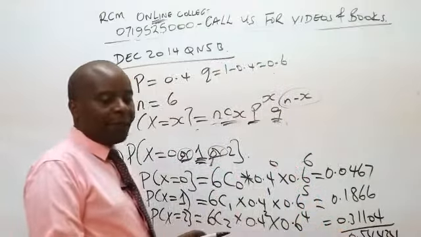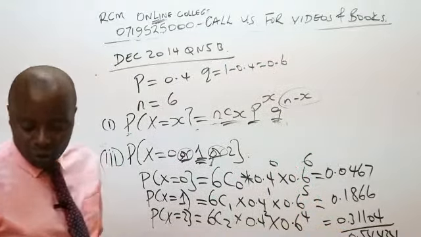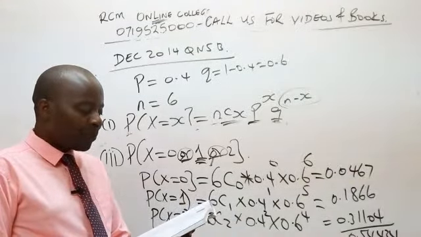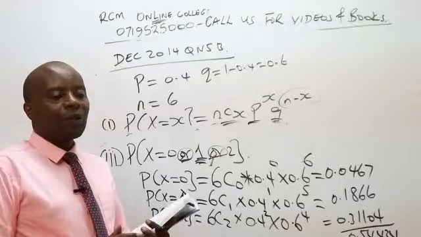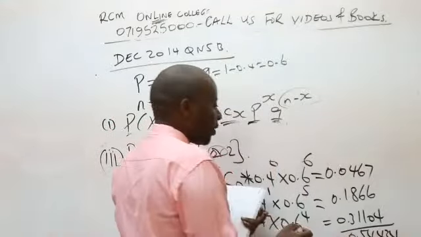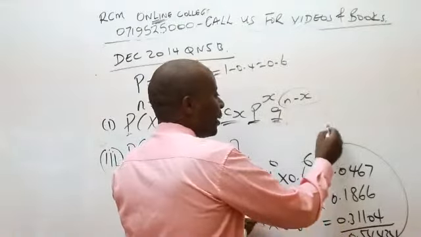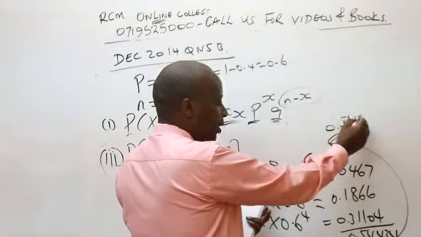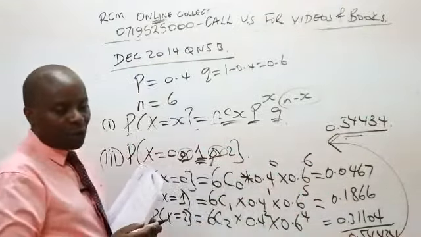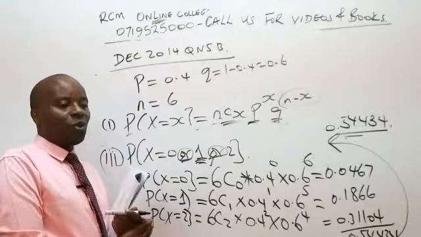And that is the probability of X being at most 2. I can see this figure is not very clear, so I can write it here. It's supposed to be 0.54434. That is the probability of at most 2.